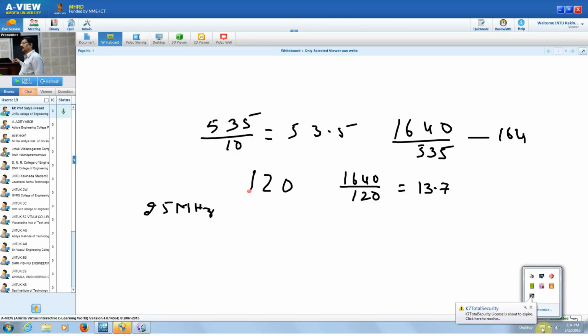Therefore, unwanted signal also comes. So what is the Q value that we require?